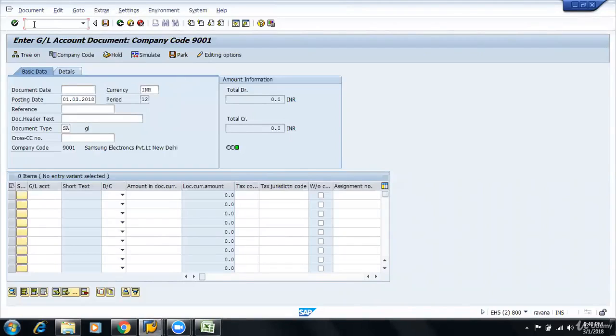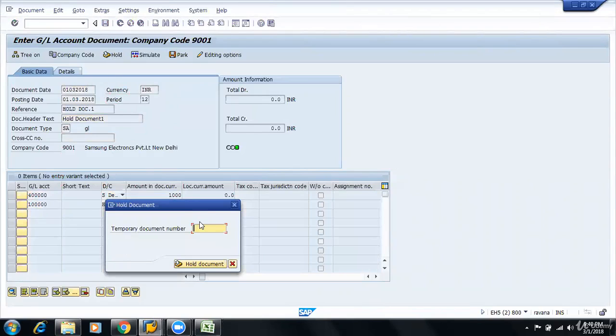So let me hold a document, hold doc 1, careful, hold doc 1. So this is my doc for credit. This time I'm giving complete amounts and I'm holding it.